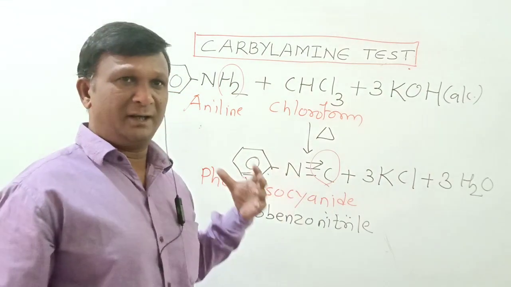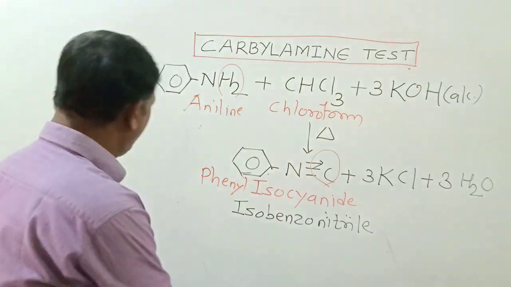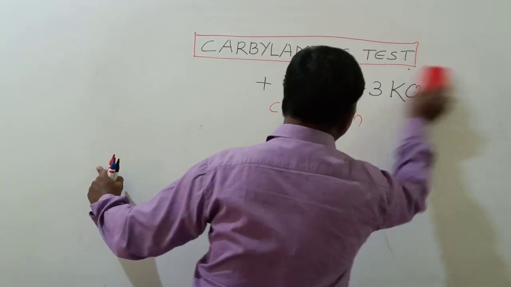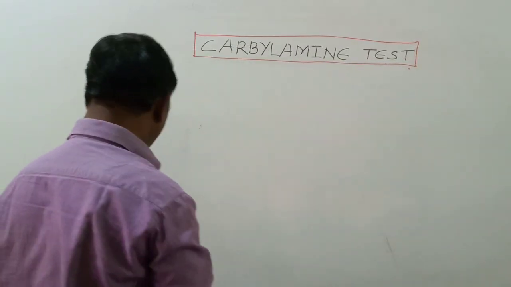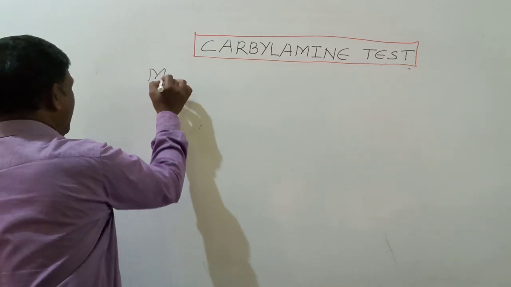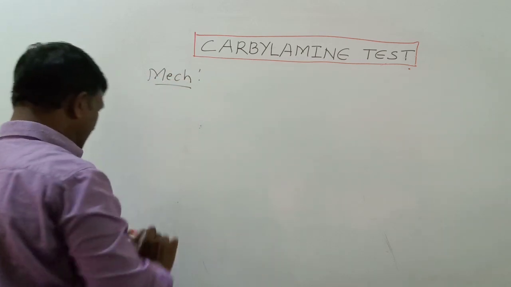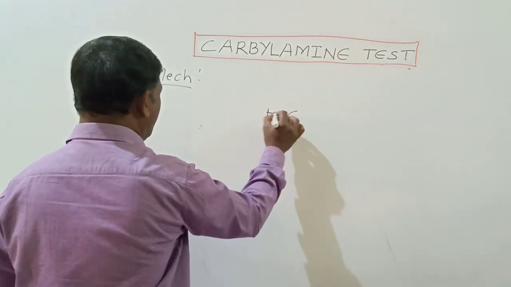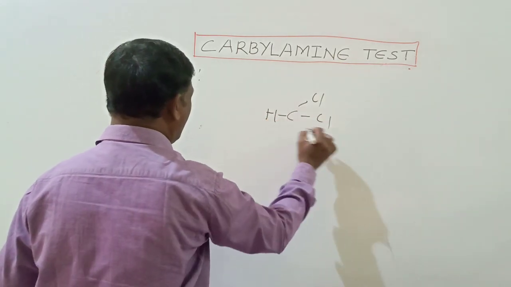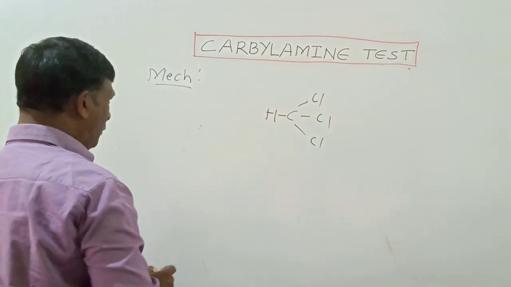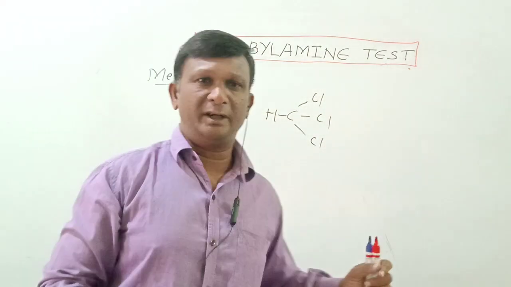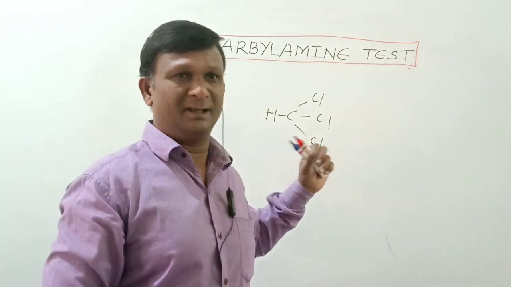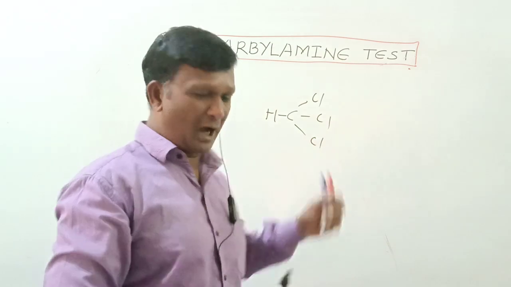We will move on to the next and very important part of this reaction, that is its mechanism. So let's see how the carbylamine is formed during the reaction. Our starting material is CHCl3, that is chloroform, and in the reaction there was the presence of alcoholic potassium hydroxide, which is the source of hydroxide ion.